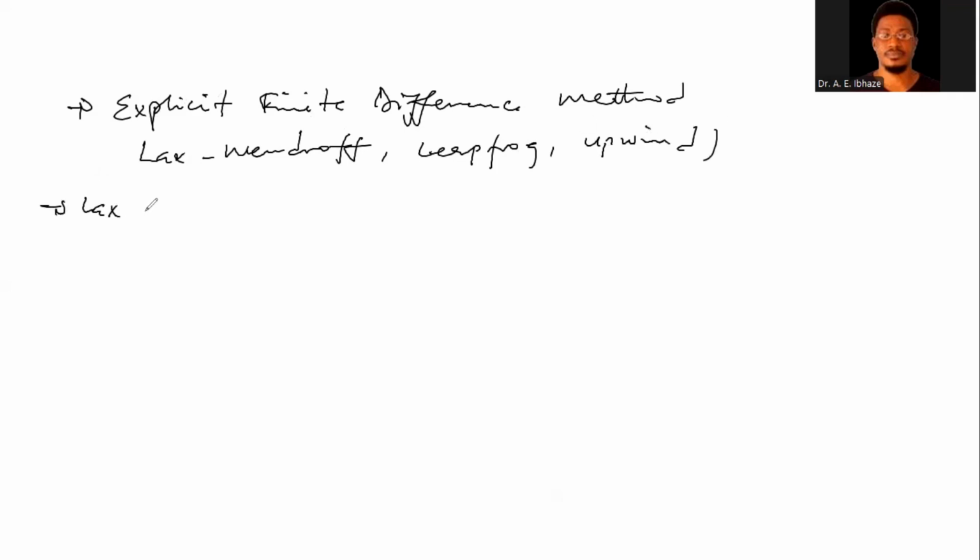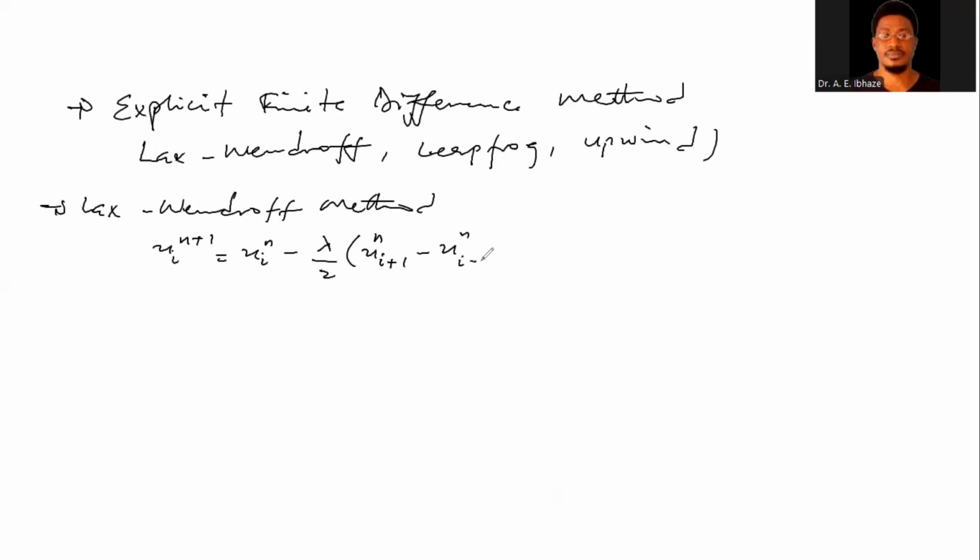So for the Lax-Wendroff method, we have u sub i superscript n plus 1 being the same as u sub i superscript n minus lambda over 2 times (u sub i plus 1 superscript n minus u sub i minus 1 superscript n) plus lambda squared over 2 times (u sub i plus 1 superscript n minus 2 u sub i superscript n plus u sub i minus 1 superscript n).